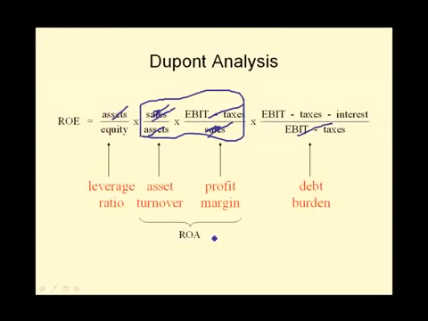Or we're left with earnings before interest and after taxes, if you will, so after taxes have been paid, divided by assets, or the return that's paid to both the debt and equity suppliers divided by assets, and that's exactly what we've been looking at as return on assets in previous parts of the course.